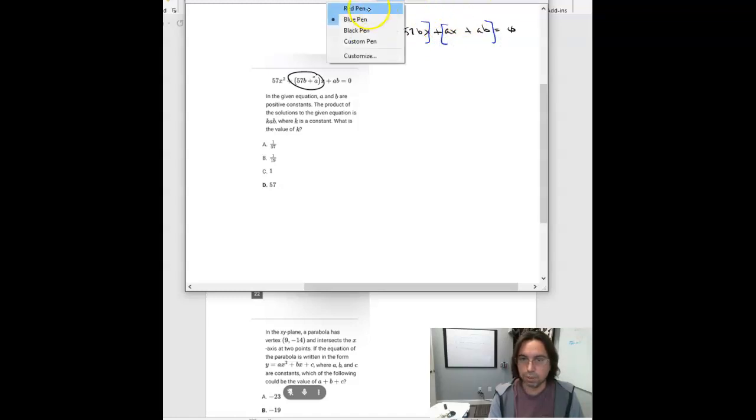What we now see is that we have a 57 in both of these terms and an x in both of these terms. So that's going to give us 57x that we can factor out, which leaves us with x plus b.